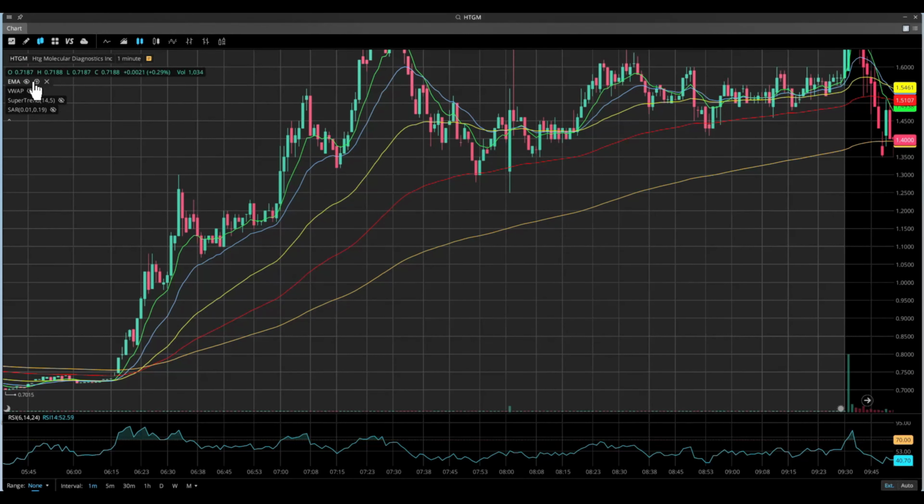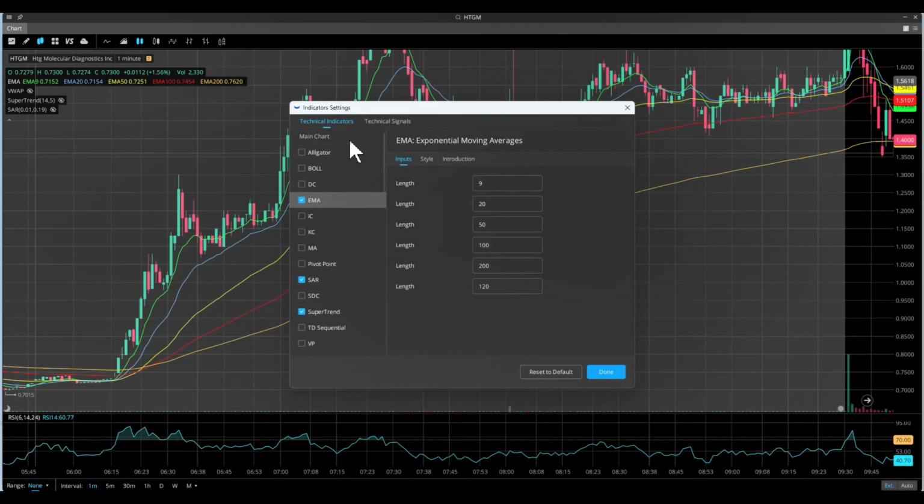So the first set of indicators is going to be EMA. I use EMA 9, which is green in color. Green means go, entry. Make your entry here. EMA 20, which is blue.